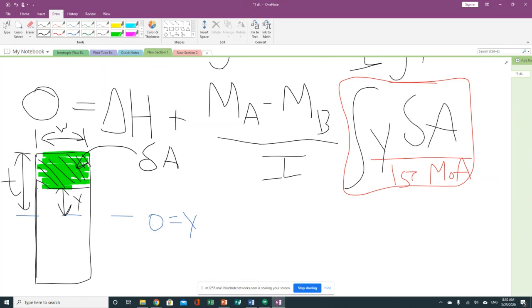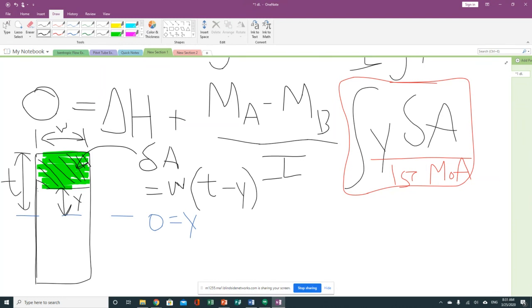We'll call that y. So how would I get the area dA? You subtract y from t, and multiply by width. That's your area dA.